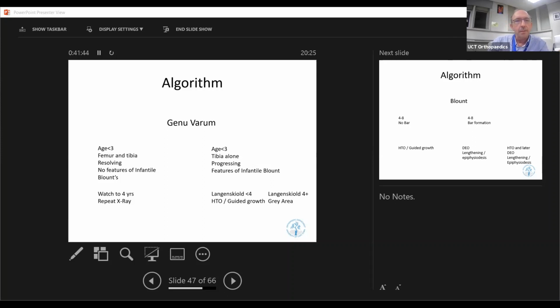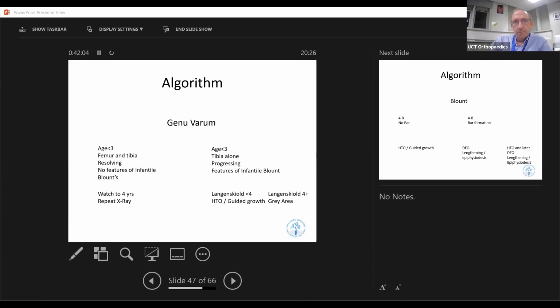Let us assume that in age under 3, where both femur and tibia are involved, that's resolving, and there are no features of infantile Blounts, we could probably do repeat x-rays and watch until the age of 4 years. So that's on the left-hand side.